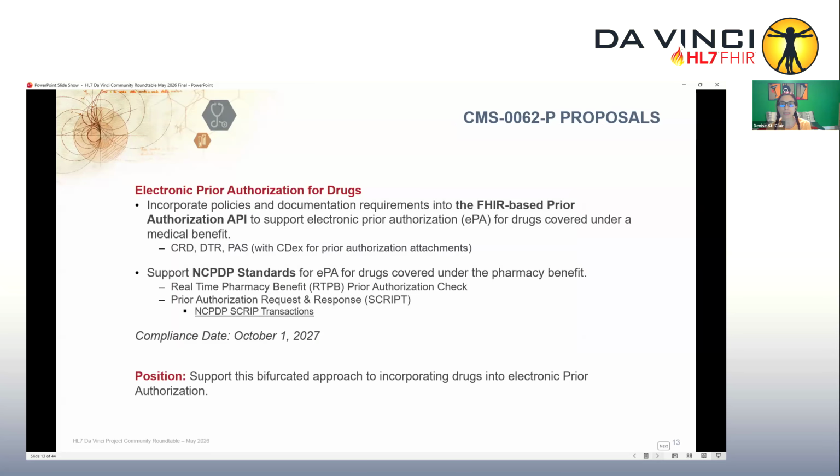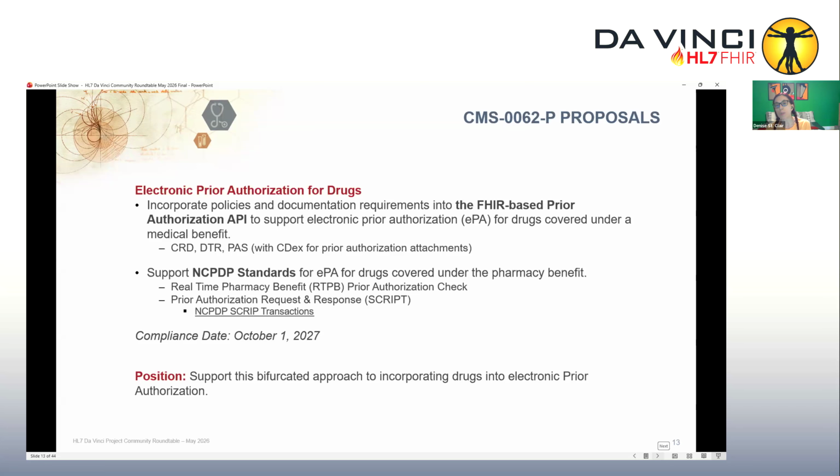As you know, in CMS 0057, it was finalized that for impacted payers, Medicare Advantage organizations, Medicaid and CHIP fee-for-service and managed care organizations, as well as issuers on the federally facilitated exchanges, they had to set up FHIR-based prior authorization APIs using CRD, DTR, and PAS with CDEX for additional information. And that was required for non-drug items and services.